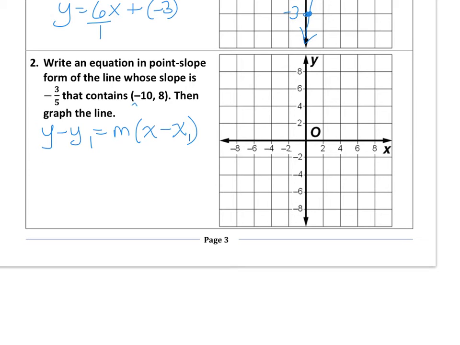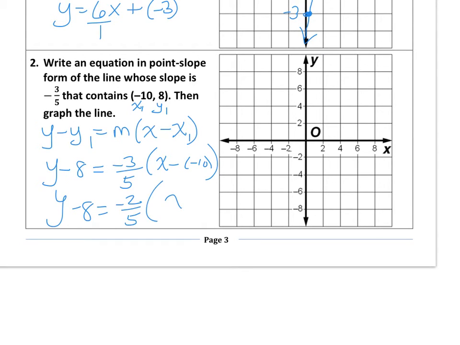So here is x1 and here is y1. So y minus 8 equals the slope -3/5 times x minus a -10. So be careful with the signs. Minus a -10. So y minus 8 equals -3/5 x plus 10.